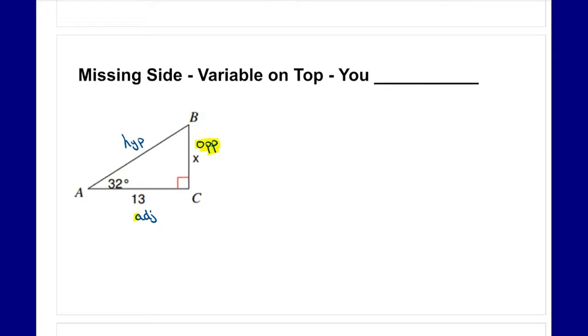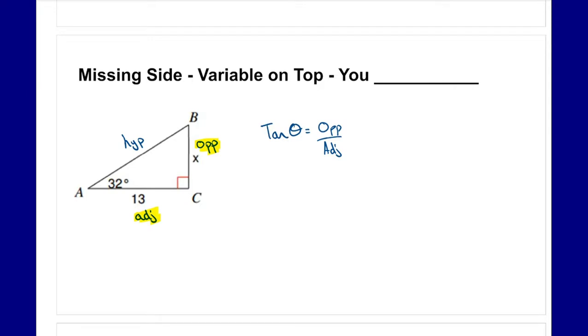Well, in this case, I'm dealing with the opposite and the adjacent. So if I go back to SOHCAHTOA or my formulas, this ratio that deals with O and A is tan. So tan theta equals opposite over adjacent. And now that I have the right ratio, I can start plugging in my information.